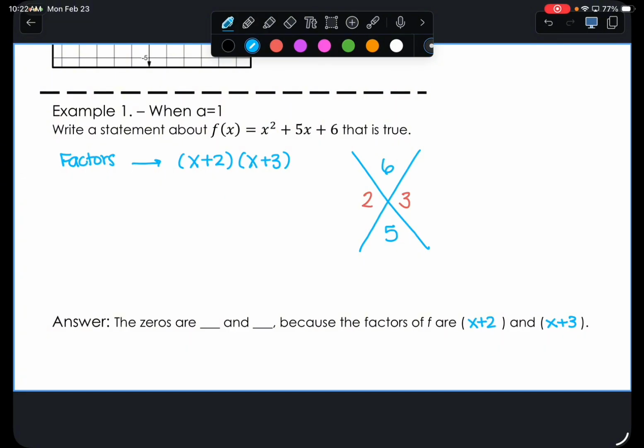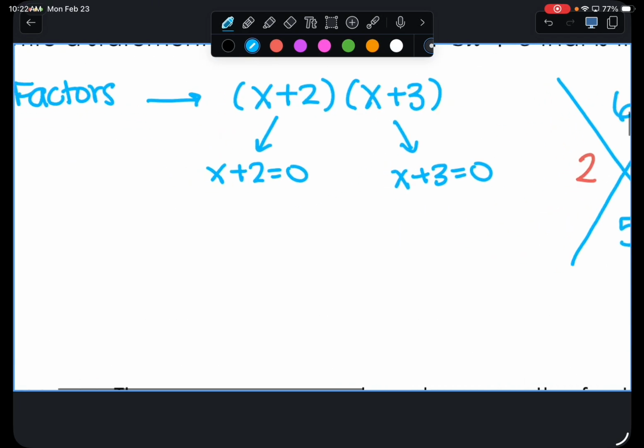Now, when it asks you for the zeros, that's because it wants you to solve. So now we're going to take that extra step. X plus 2 equals 0. X plus 3 equals 0. And we solve. Okay. So plus 2 changes to? Minus 2. Plus changes to minus. And then plus 3 changes to?